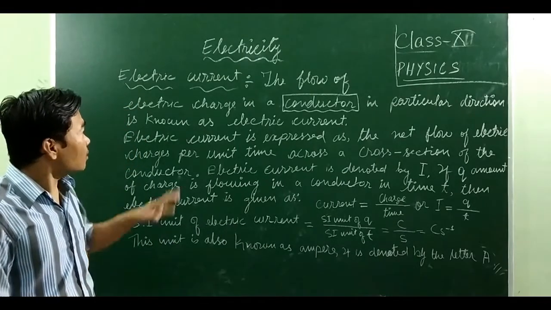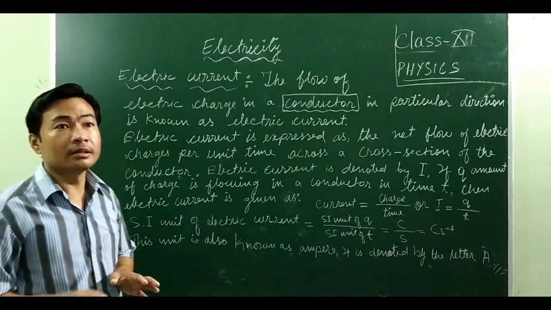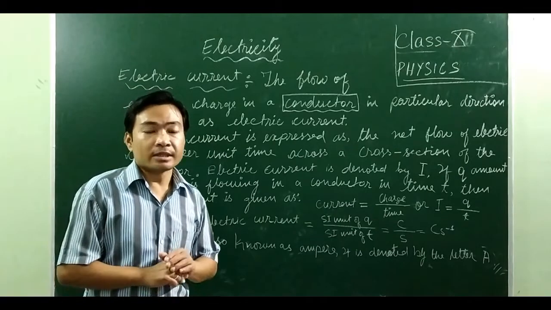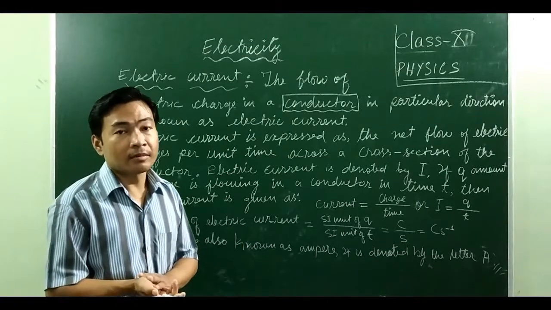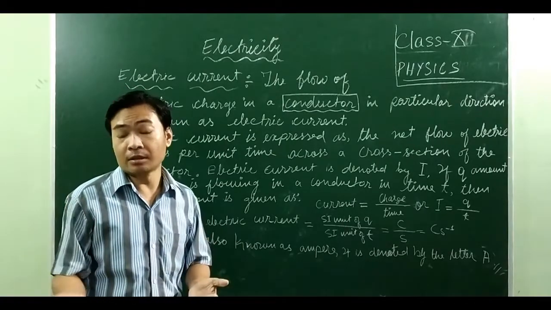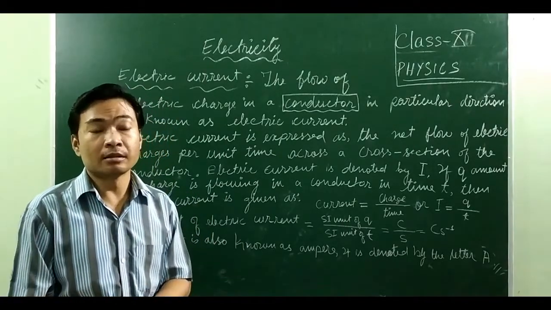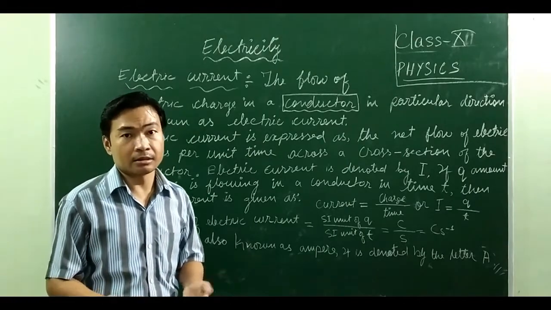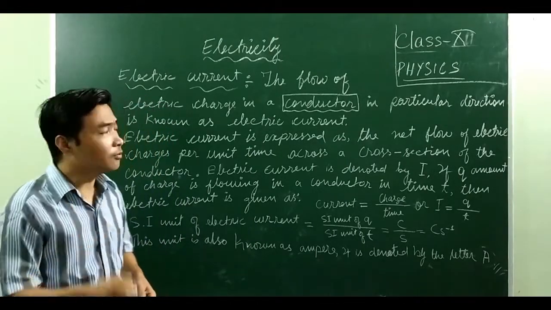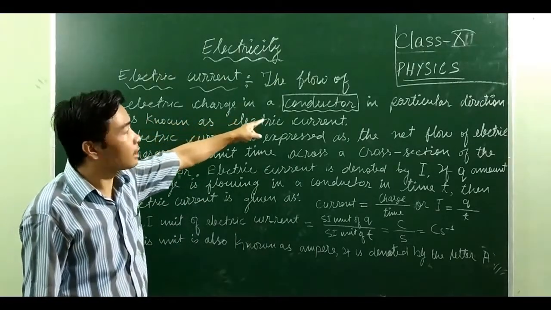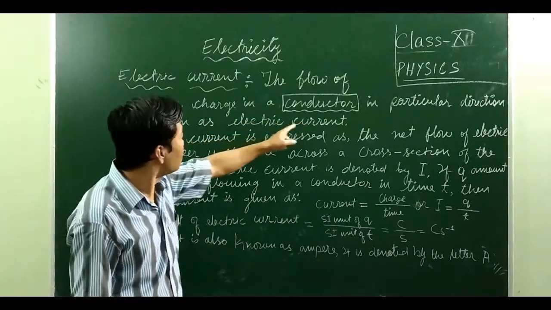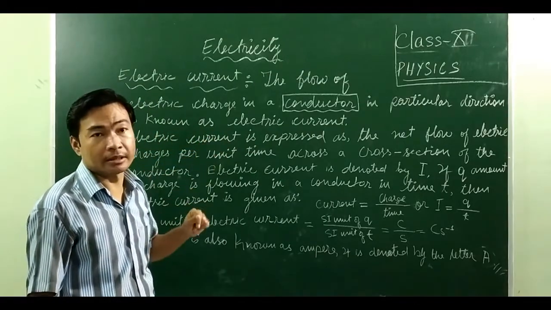Now, electric current. When water flows in a river, we call it water current, right? And moving air, wind, we call it air current, right? In the same way, the flow of electric charge in a conductor in a particular direction is known as electric current.